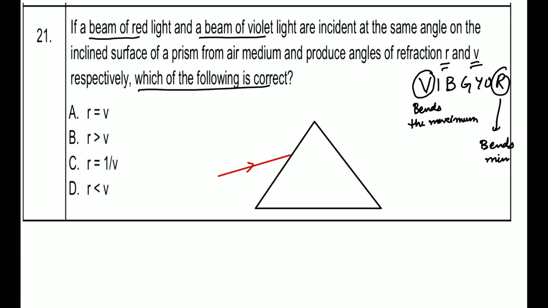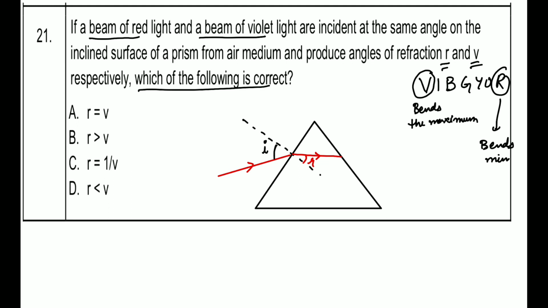The next step is I will simply make the normal, perpendicular here. Let's say this angle is some angle of incidence, right? Obviously I know it will refract, but it will refract very less. So let's say it has refracted. So this is your R, right? I hope you guys can understand that.